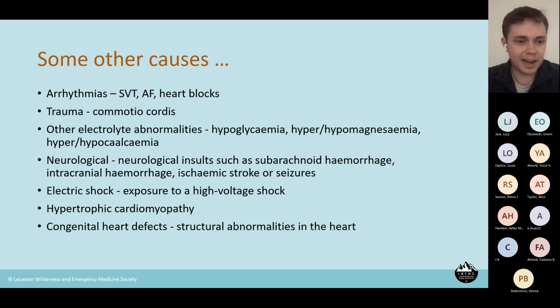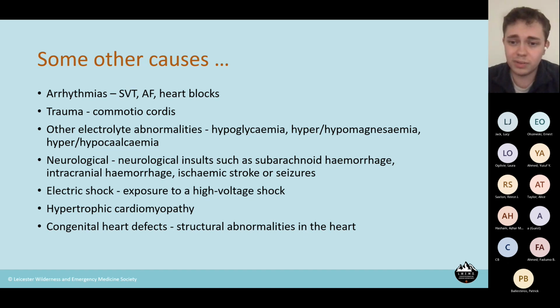Other electrolyte abnormalities, so glycemic control, magnesium, calcium as well. Neurological issues, so subarachnoid hemorrhage, intracranial hemorrhages, and strokes and seizures. Electric shock, so exposure to high voltage shock can disrupt the heart's electrical activity.